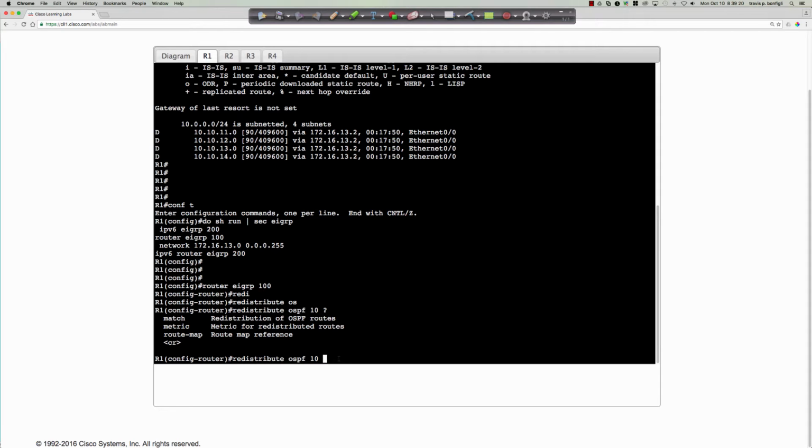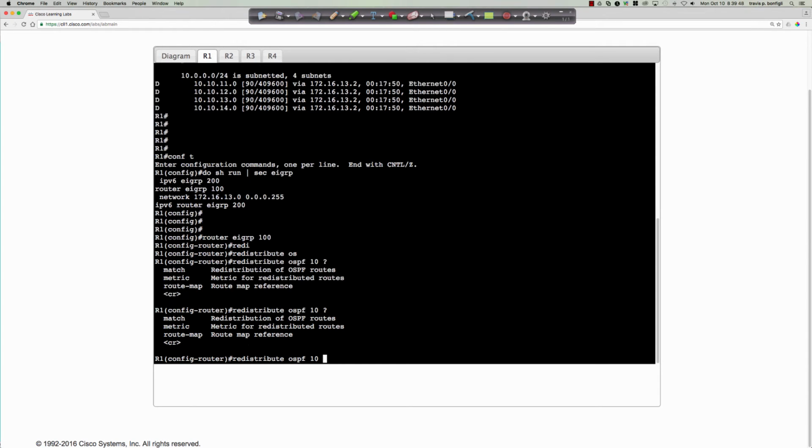Remember, redistribution should be looked at in the outbound direction, in the sense that I'm redistributing from OSPF. That's how I read this command: redistribute from OSPF all of the routing information in process ID 10 into EIGRP autonomous system 100.